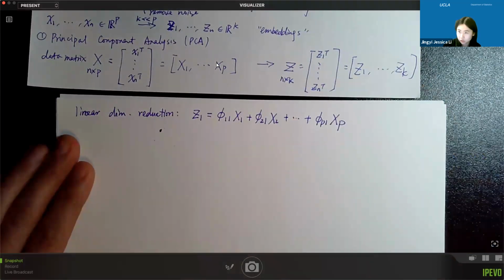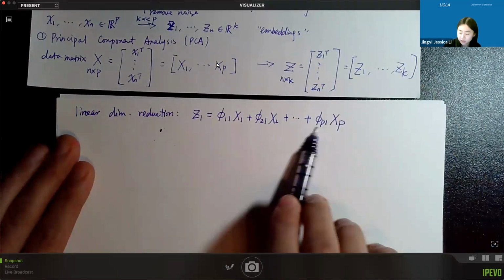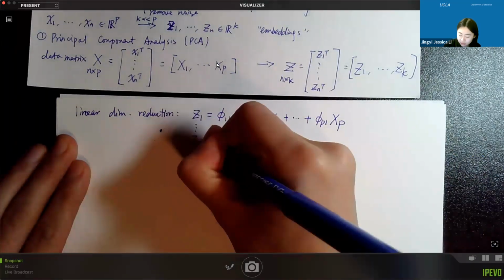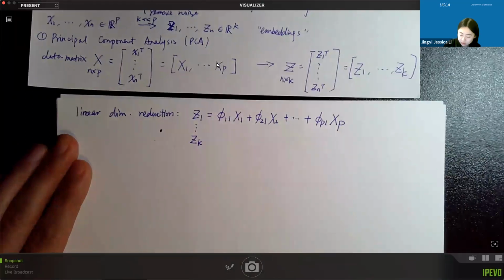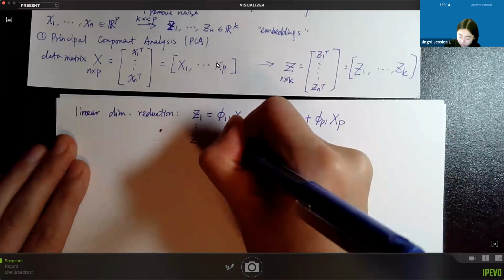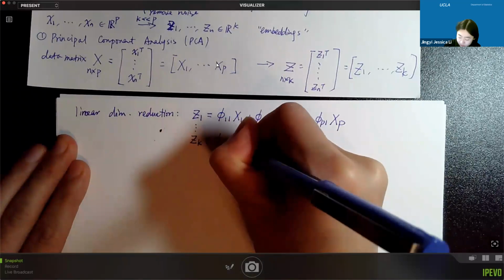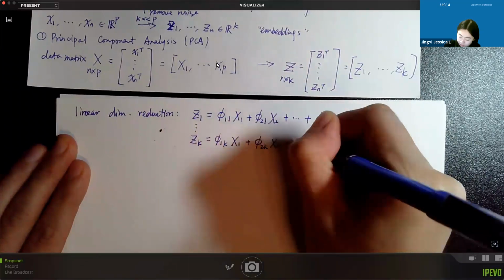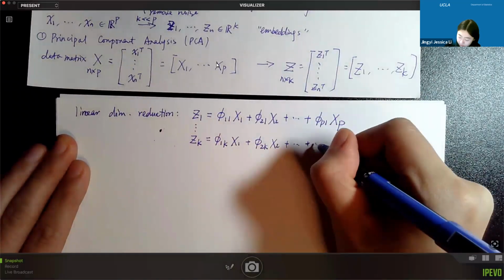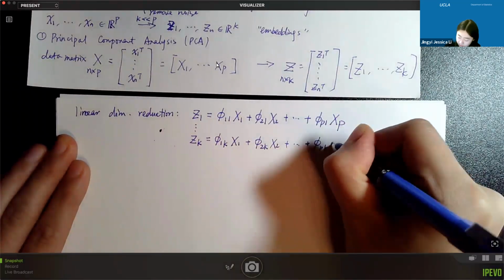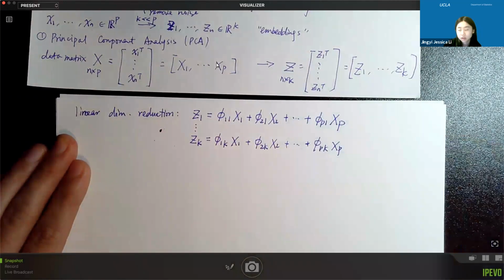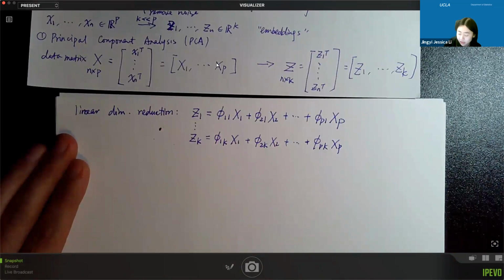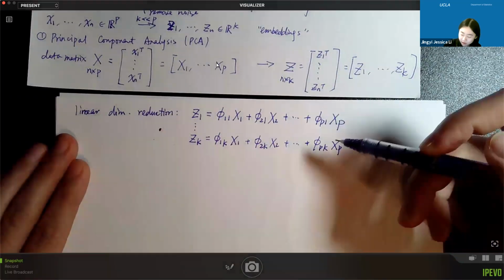That's the first new dimension obtained. I continue. For zk, the last new dimension, it can be written as phi1k x1 plus phi2k x2 plus phi pk xp. So I have k linear combinations.